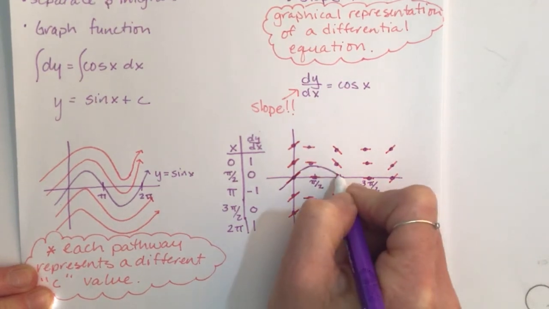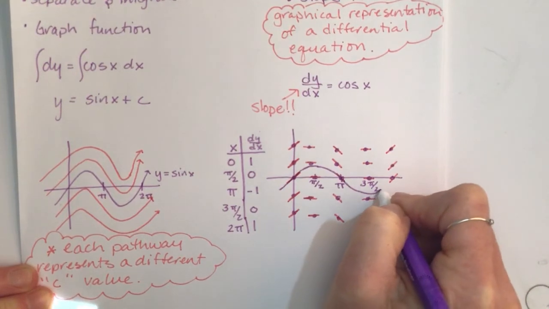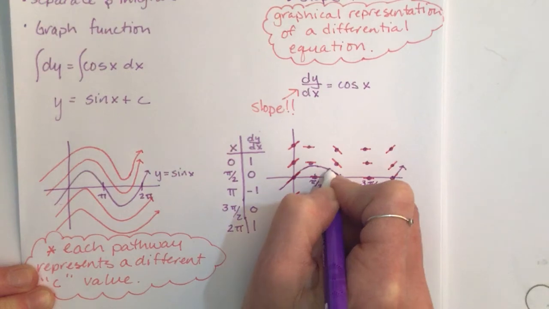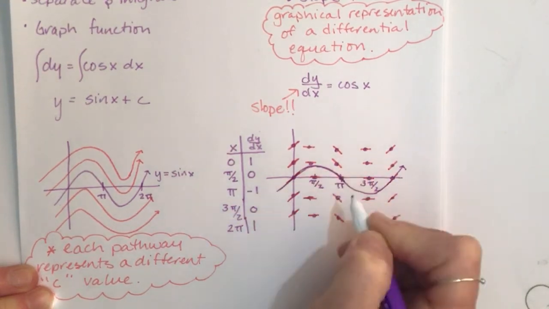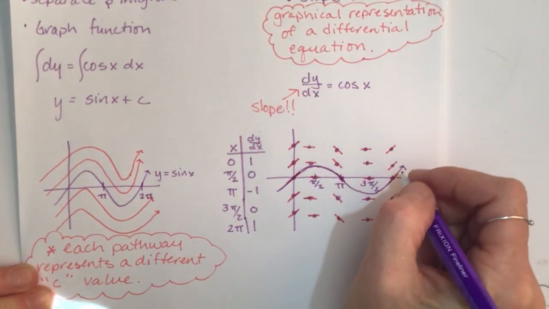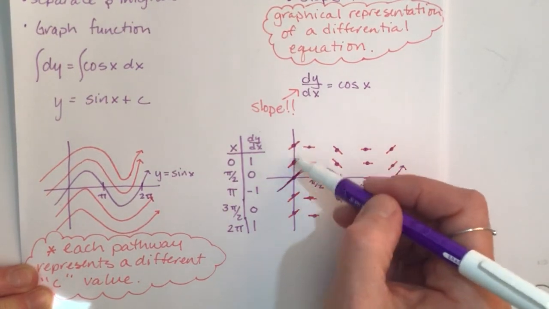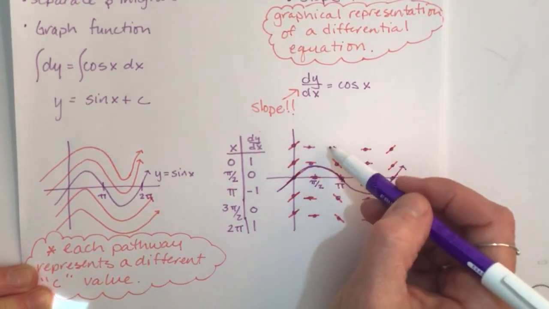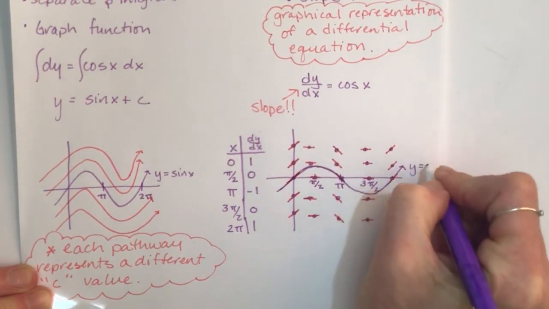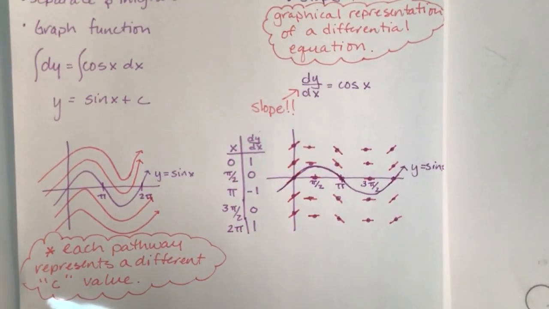And then it's -1 here, and 0, and then +1. And you can see that beautiful sine curve emerge into your slope field. And if you had a particular solution through one of these other points, you could still do the same thing. It would still emerge as that sine curve. This is y equals sine x. All right, that's the start of our slope fields.